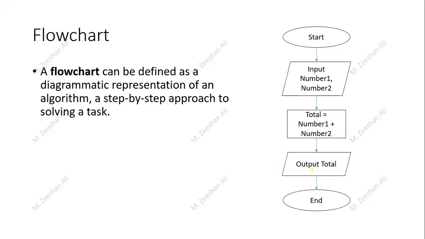And at the end, we give the output, the total, again using the same parallelogram. These are the same steps as we discussed earlier in the previous slide on the pseudocode. But when we represent them in the form of a diagram, it is called a flowchart.